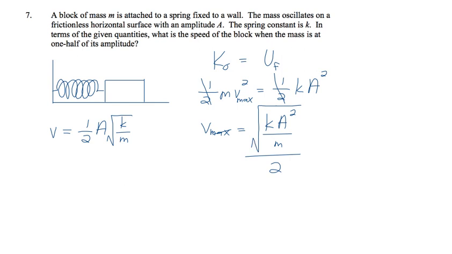Another way that I could write the velocity is I could just keep everything inside the square root and say it's going to be K A squared over 4M, because the 4 would come out as a 2, and the A could come out, so that's where that part comes from, but I could have just left it all inside.